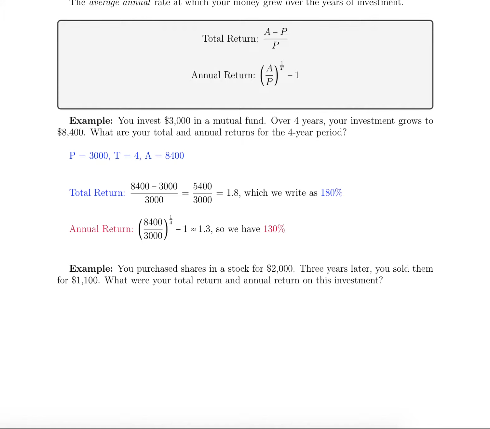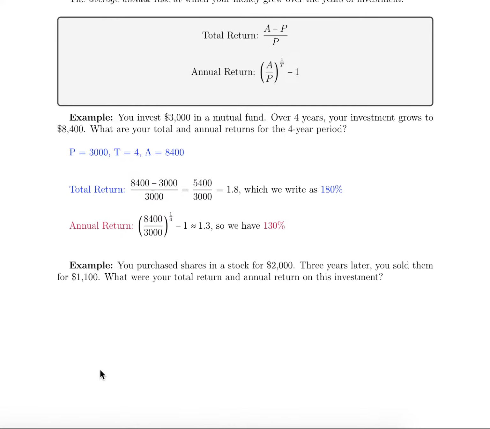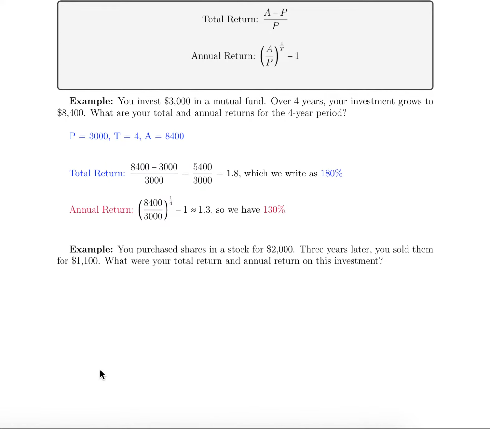All right. So for the next example, we purchased shares in a stock for $2,000. 3 years later, we sold them for $1,100. What were your total and annual returns on this investment? So again, we will first establish all of our letters.